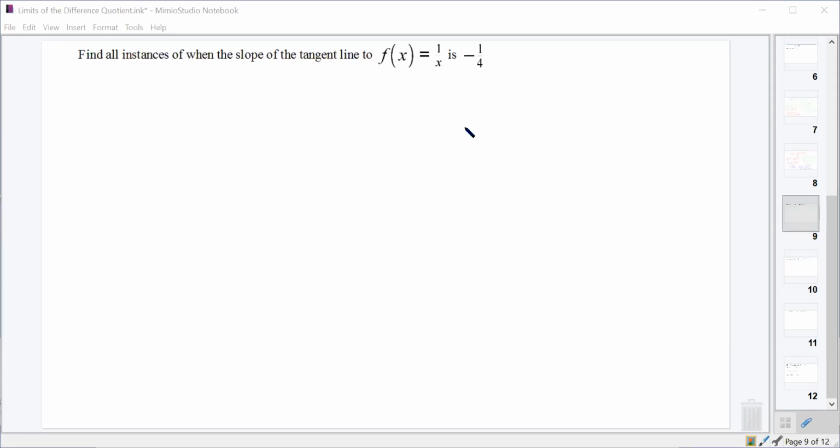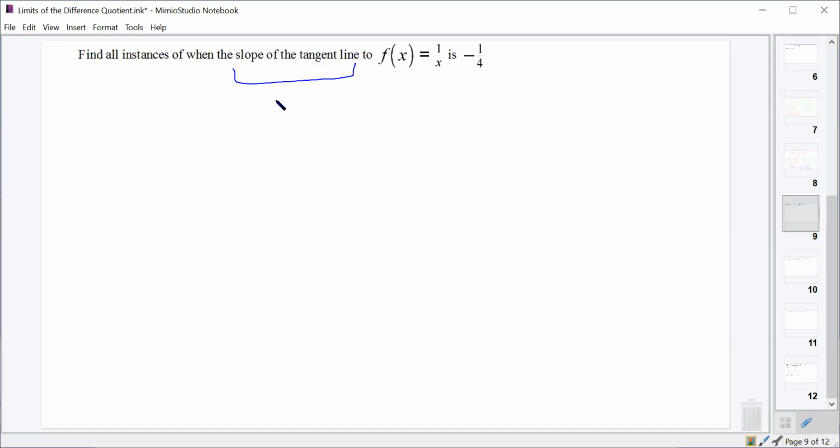So first off, what is the slope of the tangent line? What does this mean? How do we find that?